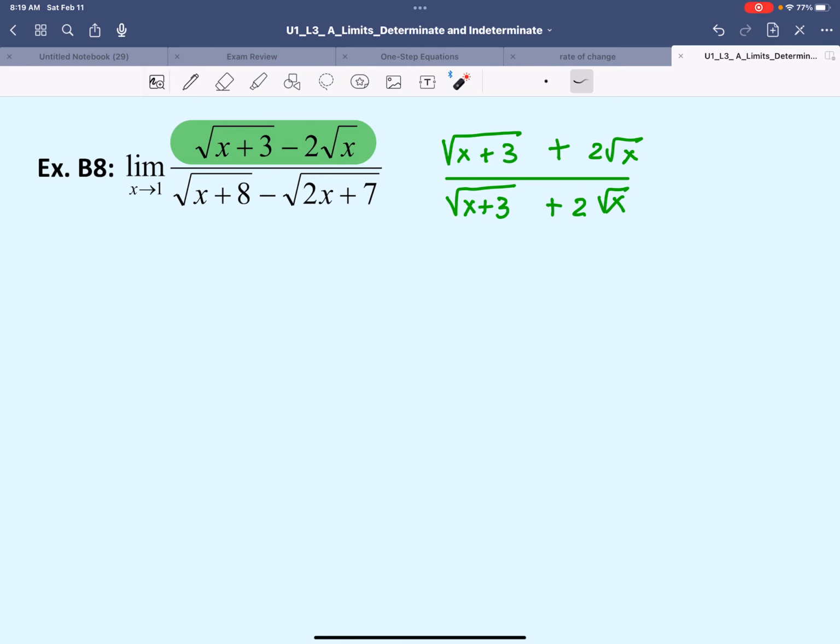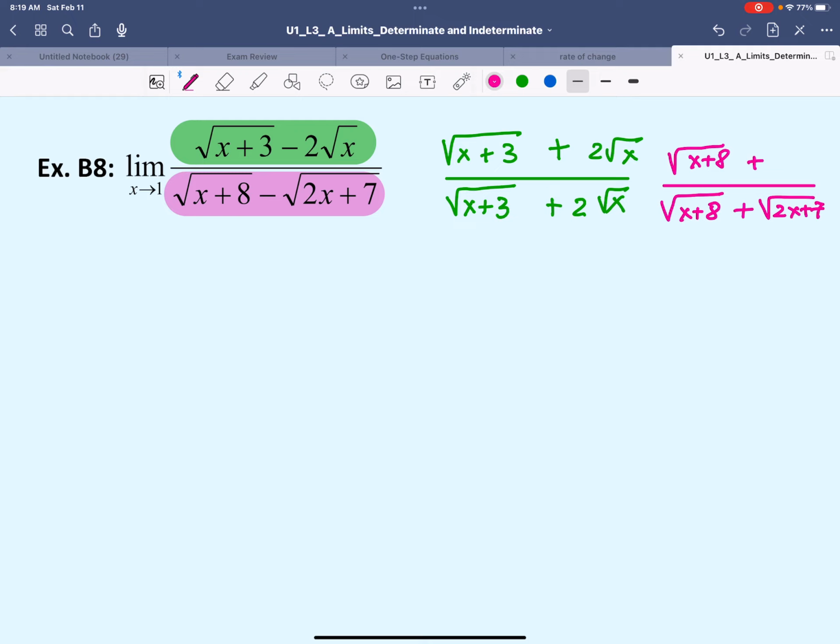Now, in a similar way, we will have to multiply the denominator by its conjugate so that we can eliminate the roots. The conjugate of this denominator would be the root of x plus 8. Again, the exact same binomial, but instead of a minus, we'll write a plus here because we need to write the opposite of it, right? And again, since we're multiplying the denominator by it, we have to do the same thing to the numerator.